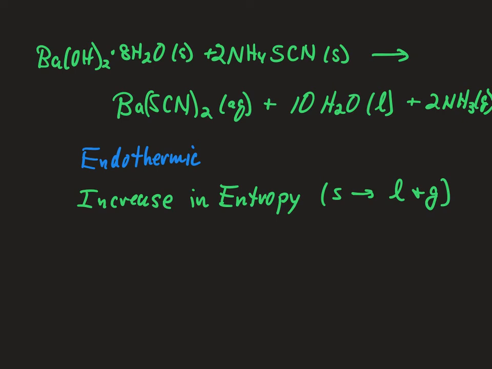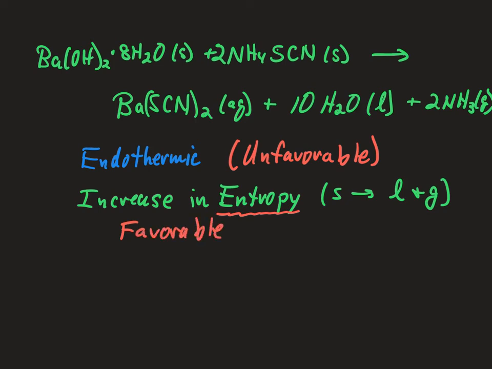Okay? Now, the question is, how do we decide? Because in general, we think of endothermic processes as being unfavorable. Processes tend to move towards states of lower energy, and here we have a process moving toward a state of higher internal energy. But at the same time, an increase in entropy, an increase in the number of ways that we can distribute the energy in this system, is favorable.